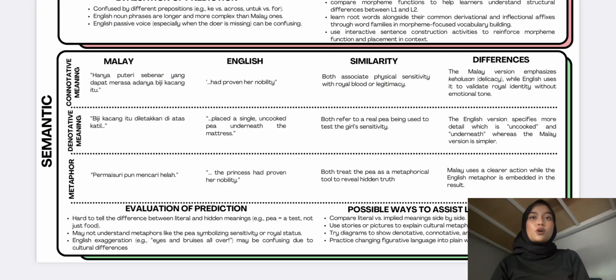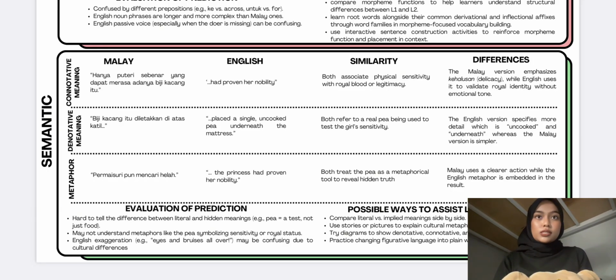Now let's move forward to the evaluation of prediction of the linguistic items, which is semantics, that may or may not cause difficulty in learning. The first one is L2 learners may struggle to differentiate between denotative and connotative meanings in both languages, especially when a simple word, for example, biji kacang, which is pea, carries symbolic meaning beyond its literal form.